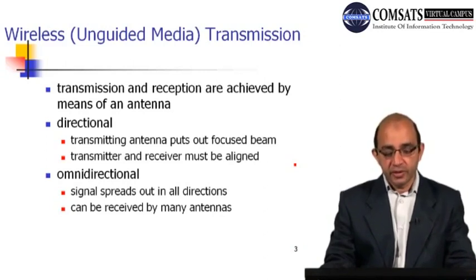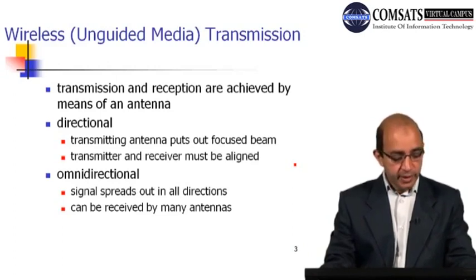For the omnidirectional, the signal spreads out in all directions, right? So if we throw a pebble within water, the waves that spread out can be a very good example of omnidirectional communication or omnidirectional transmission.